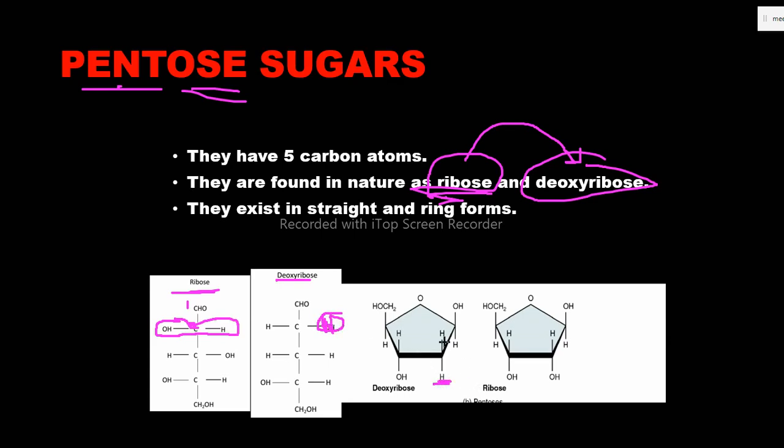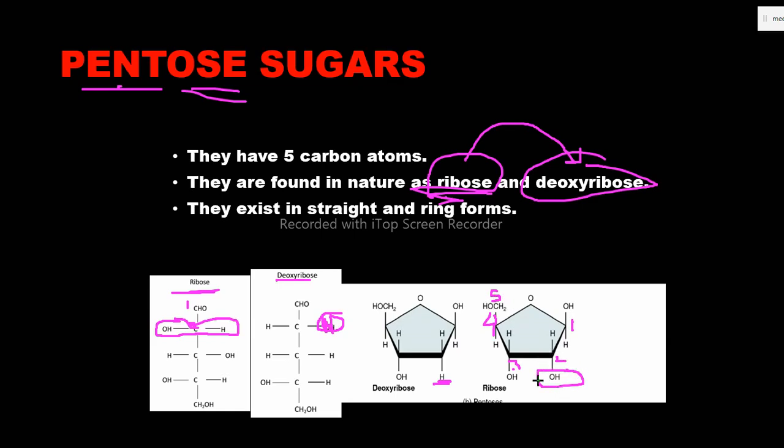So on carbon number 2, that's where the difference is. The ribose sugar has the OH group on carbon number 2. This is carbon 1, carbon 2, carbon 3, carbon 4, and carbon 5.